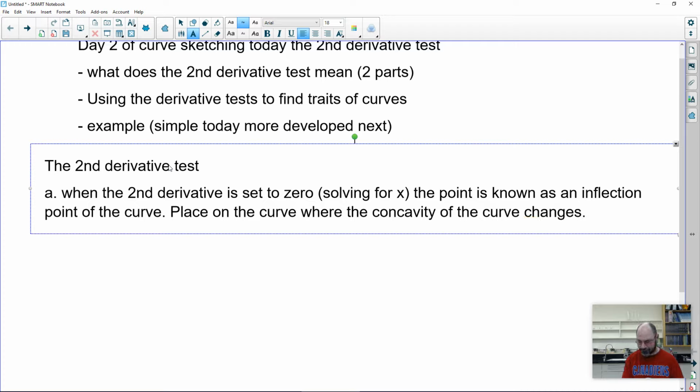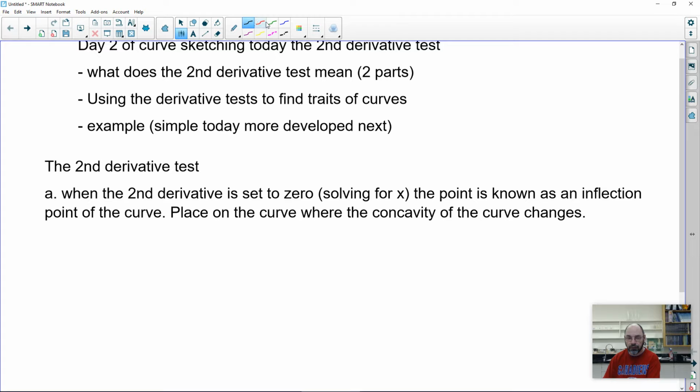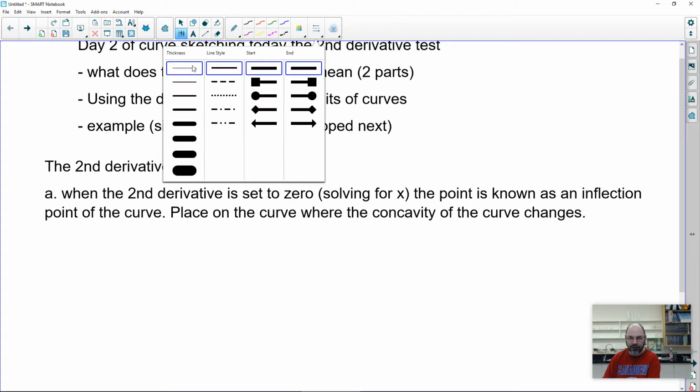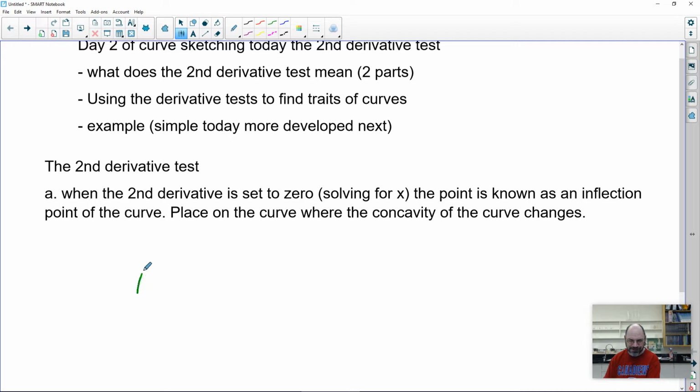Okay, so let's draw a little picture so we know what we're talking about here. So what we're talking about is something like this. If I had just a regular curve that went up and down like this, like a cubic equation, that place in the middle right there where it goes from opening downwards like that to opening upwards like this is called your inflection point.